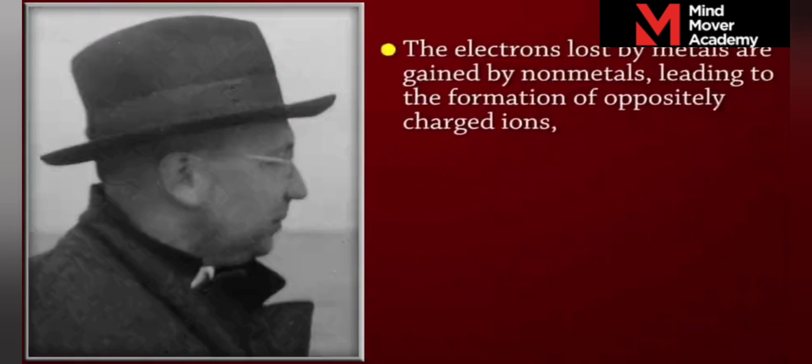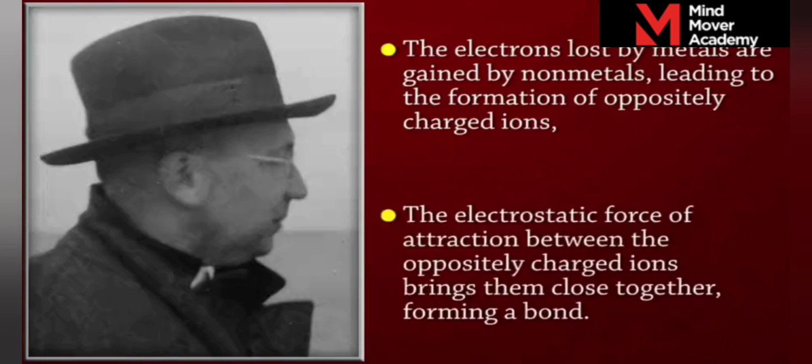Kossel proposed that the electrons lost by metals are gained by non-metals, leading to the formation of oppositely charged ions. The electrostatic force of attraction between the oppositely charged ions brings them close together, forming a bond.